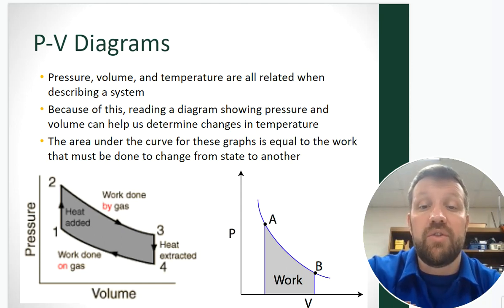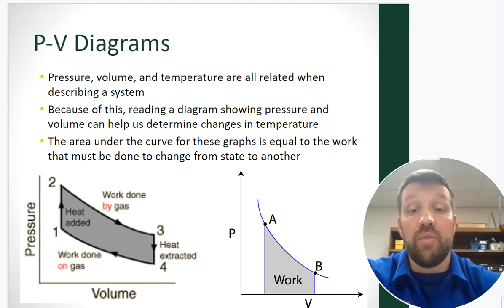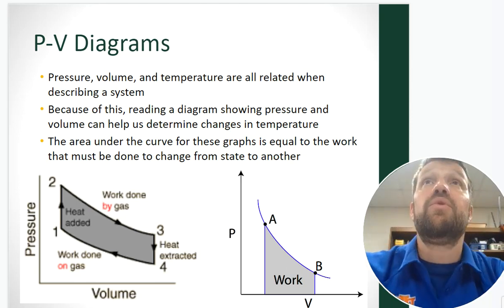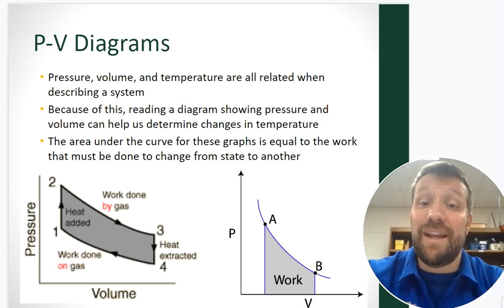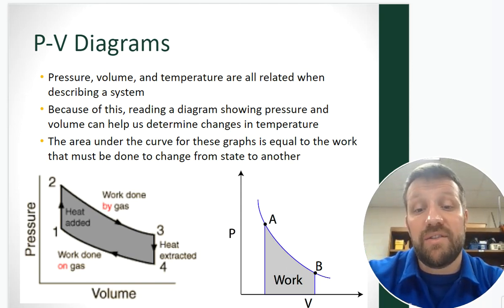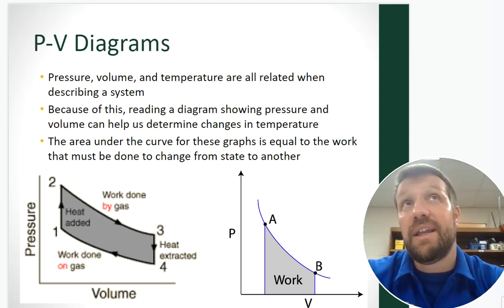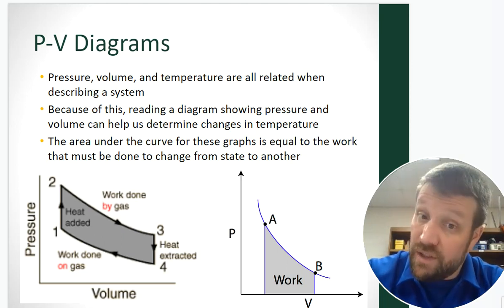And this is going to be the way that pressure, volume, and temperature are related when we describe a system. They're going to move through these processes and be represented on these diagrams by these processes and by these arrows. And it's going to show the change in pressure and volume, and then determine what way work is being done and how heat is going into or coming out of a system.